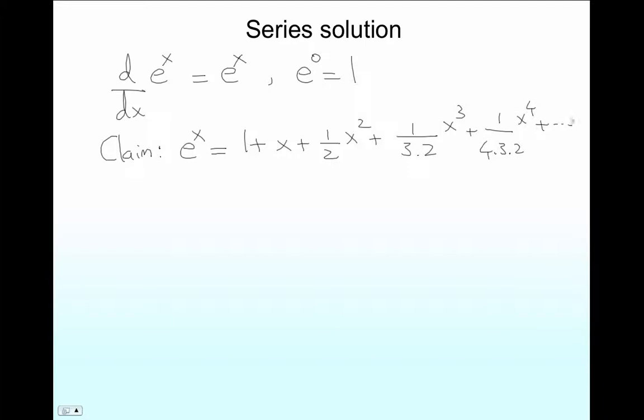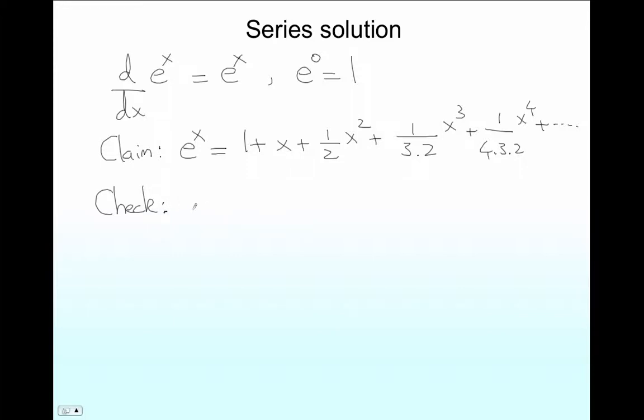Now, I claim on the basis of the above that the exponential e to the x can be written as 1 plus x plus half x squared plus 1 over 3 into 2 x cubed plus 1 over 4 into 3 into 2 x to the fourth, and that this can and must keep going on forever. Let's see if this is indeed correct.